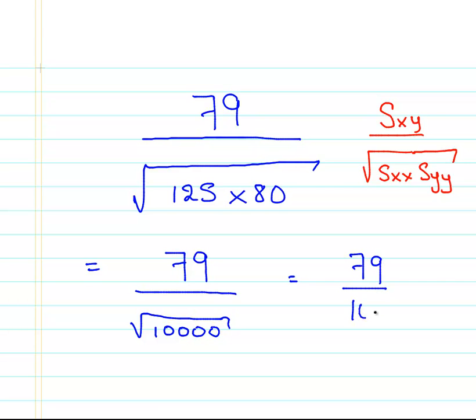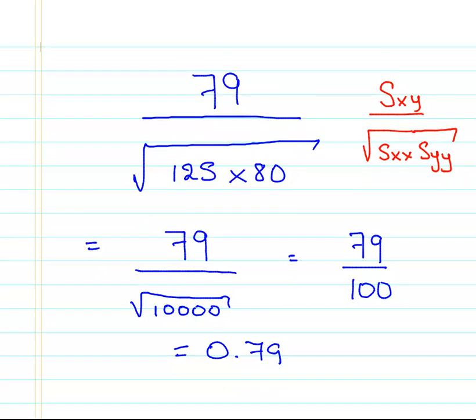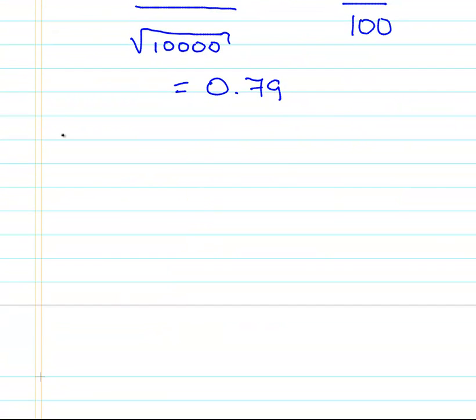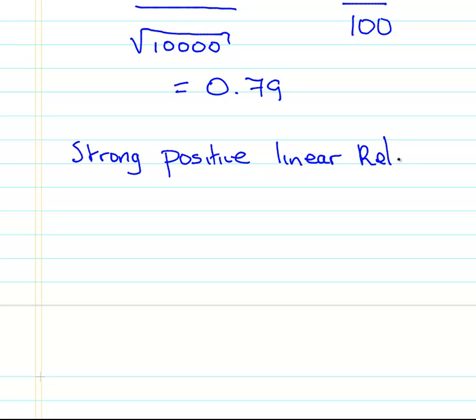So 79 over 100 turned out to be a nice simple number, 0.79. It's good to interpret a number like this, so I'm going to interpret this as a strong positive linear relationship.